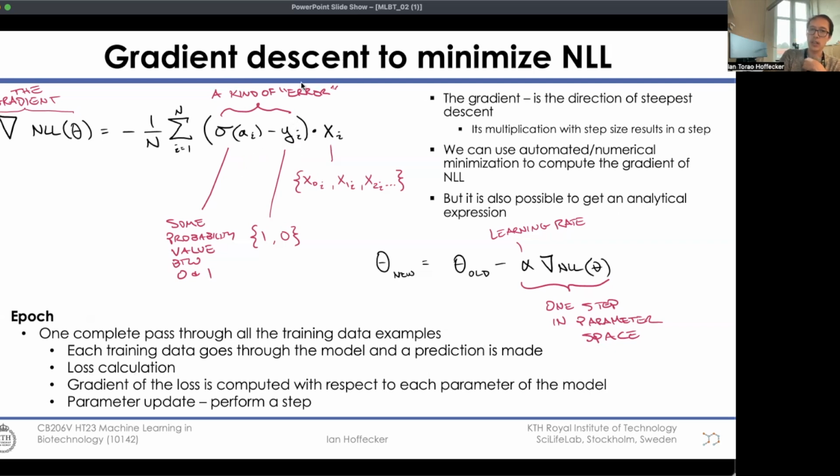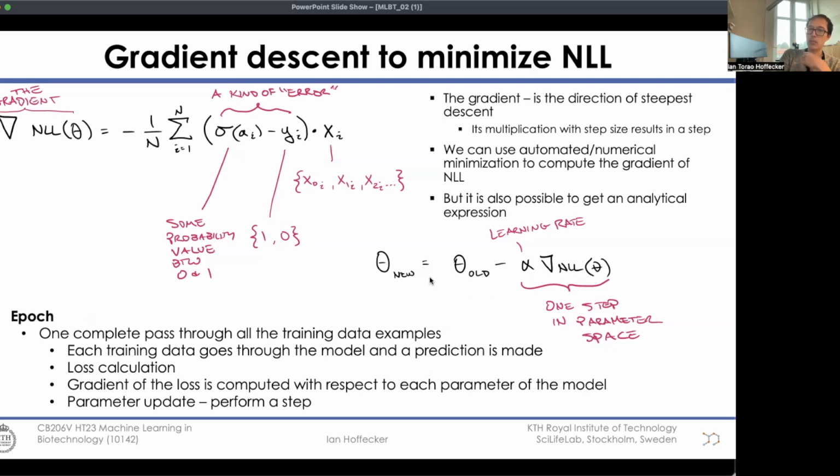So this is kind of an error, and we're seeking to score basically the difference between the outcome and the prediction. And so that's what's happening here. And what we want is to take steps in this space in this direction of steepest descent. And so we can do this by multiplying this gradient with a step size, also known as the learning rate, alpha here.